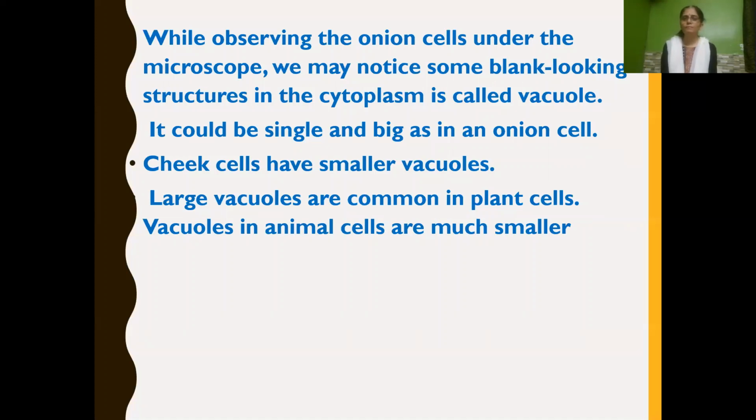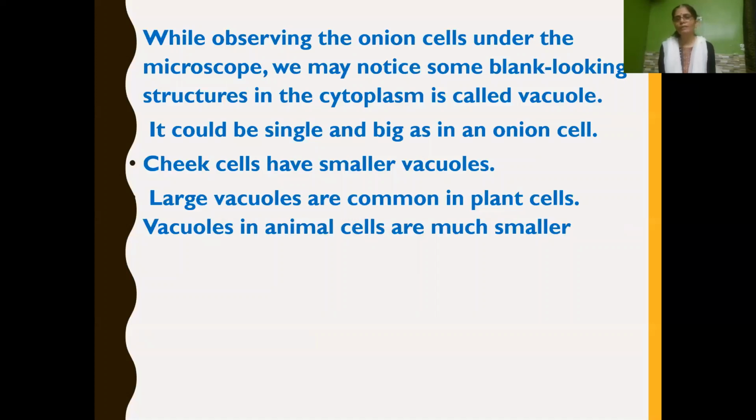In an onion cell, it could be a single vacuole, a space which is seen as big. But cheek cells, that is animal cells, will have smaller vacuoles. So larger vacuoles are common in plant cells, and vacuoles in animal cells are much smaller, and we may see many vacuoles in animal cells. So this is the difference between plant cell and animal cell.